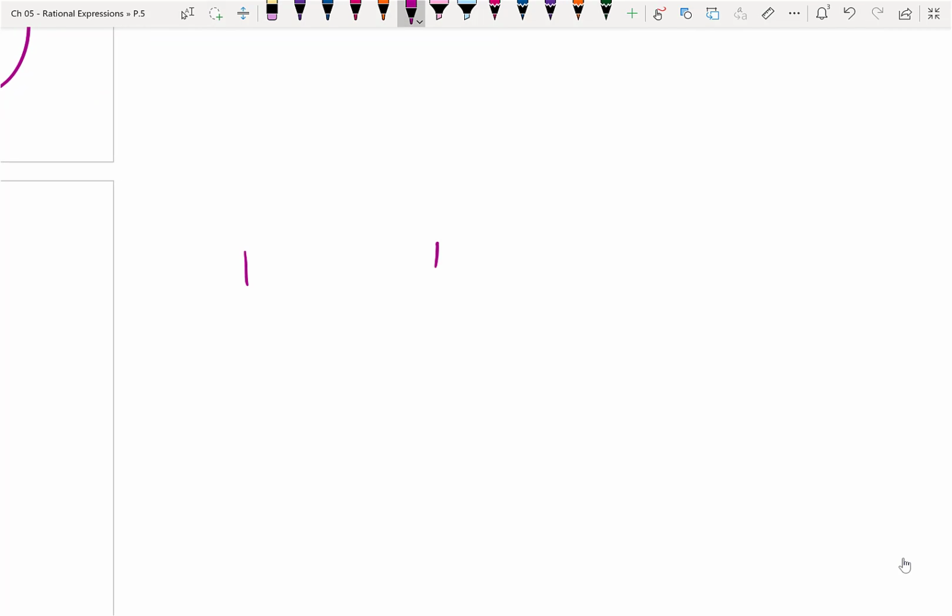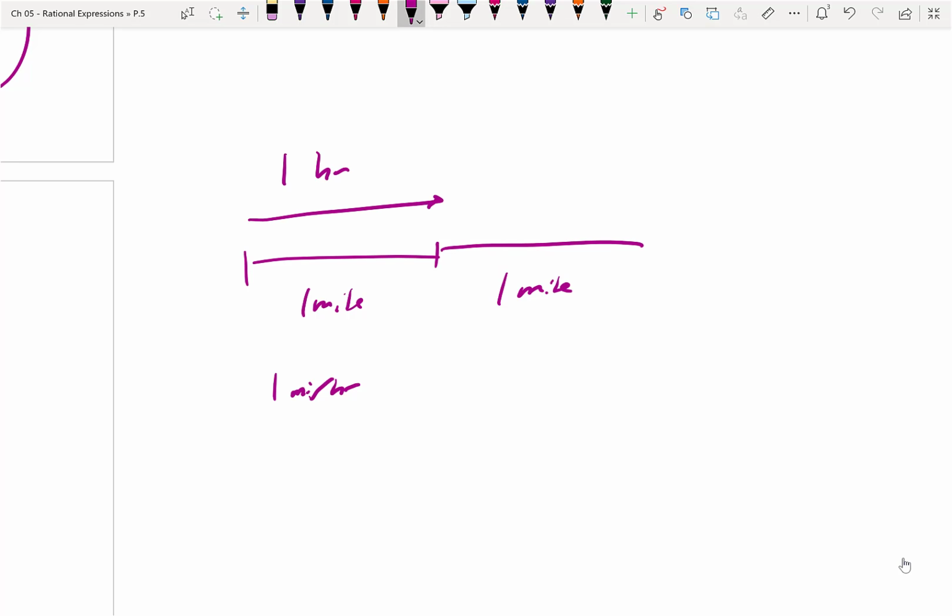This is 1 mile, and this is 1 mile here, and I'm going to go this way, averaging 1 mile per hour. Well, how long did it take me? An hour. It took me 1 hour to go that far. Now, let's say that for the entire trip, I want to average 45 miles per hour.